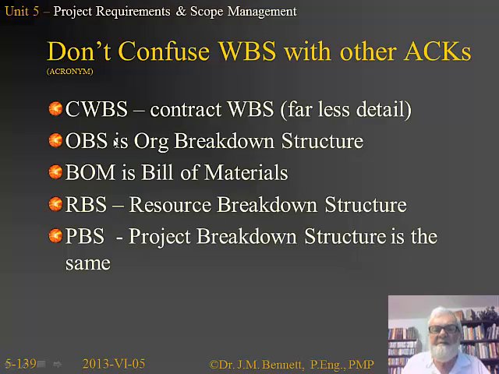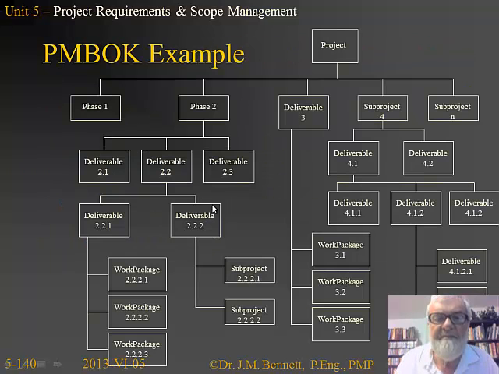The OBS is the organizational breakdown structure, think, for example, of the Catholic Church, Pope down all the way to priest, down to parishioner. Then BOM is bill of materials, which sometimes is used in the construction industry. The RBS is the resource breakdown structure of how the resources are allocated. And in fact, the PBS, the project breakdown structure, is just another word for WBS.